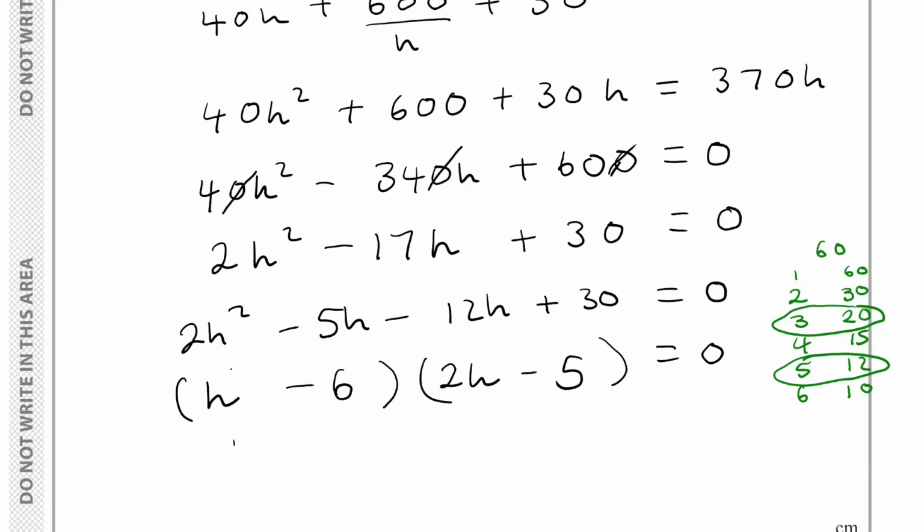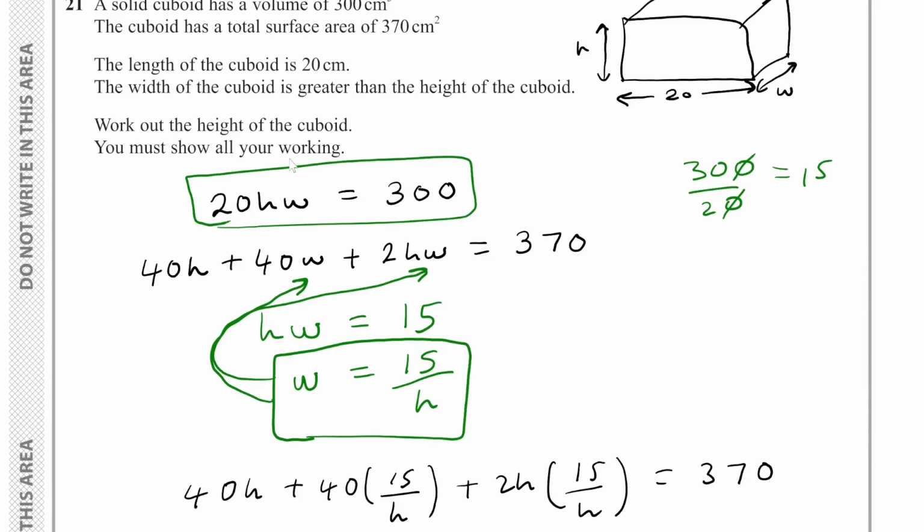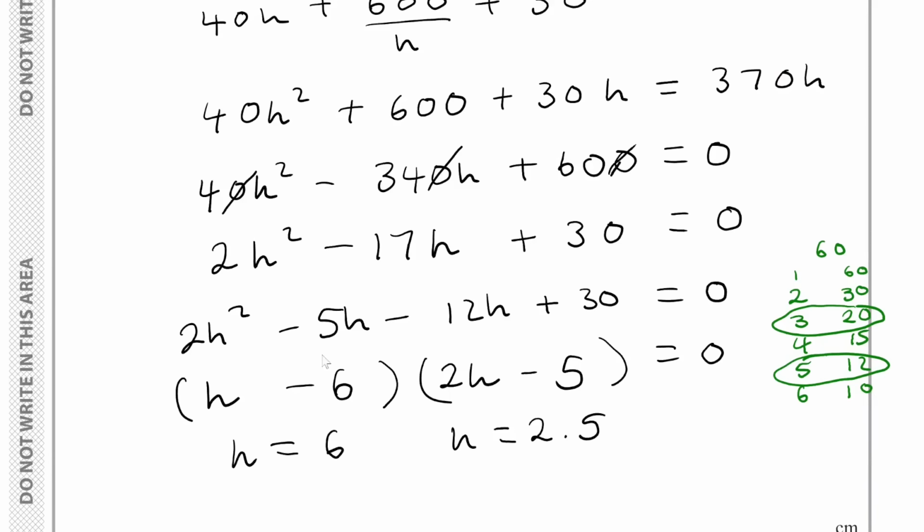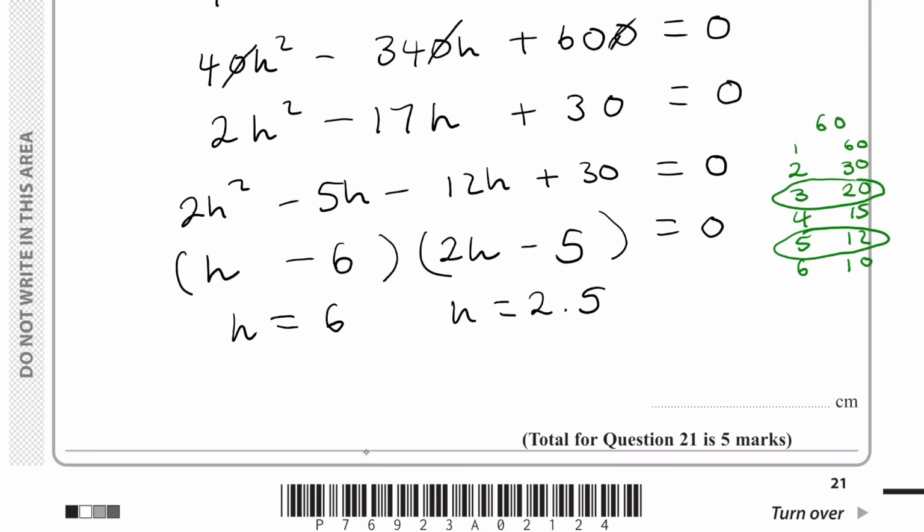So the height could be 6, and it could be 2.5. The width is greater than the height, so the width must be the longer one, must be the 6. So the height must be the 2.5.